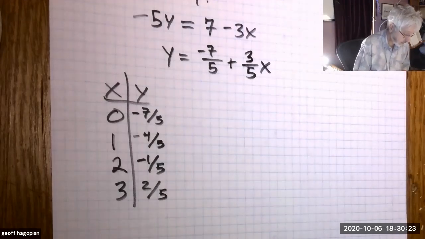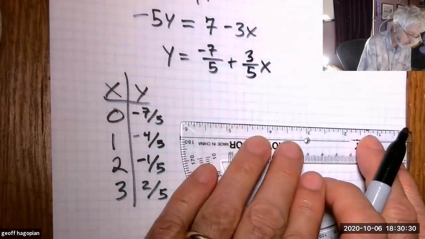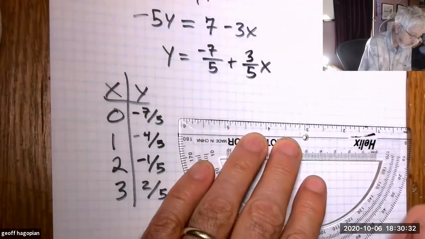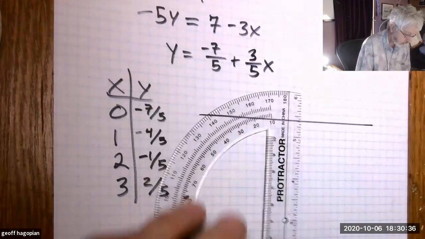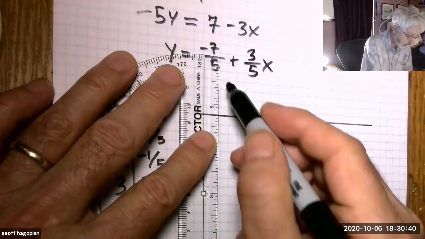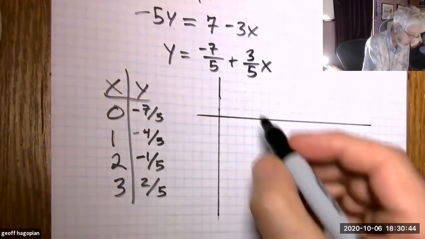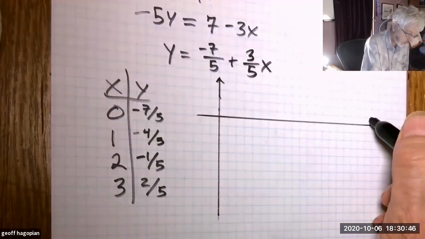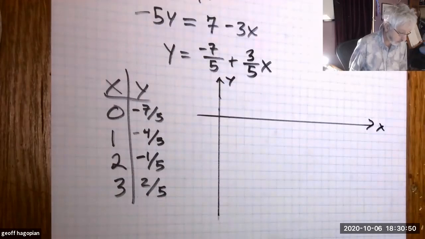Okay, so if I want to plot these points, it looks like we have a lot of negative values here, so I'm going to emphasize the third and fourth quadrants in my graph. And we're going 0, 1, 2, 3, I guess, right? I'm going to make my x-axis and y-axis emphasize the fourth quadrant here.